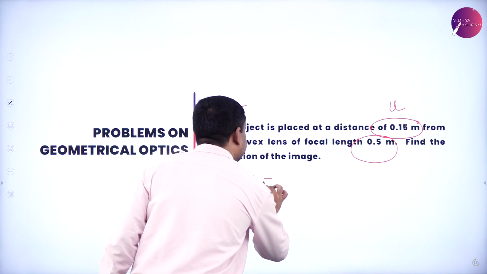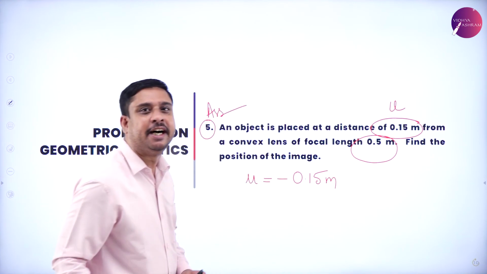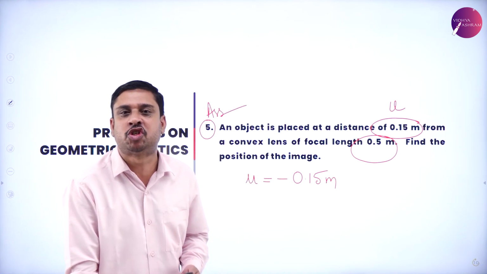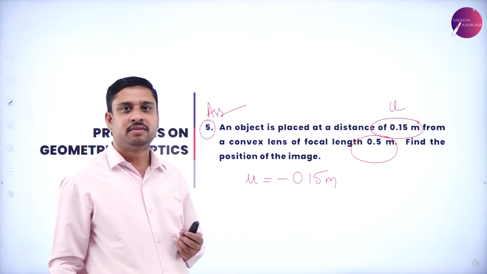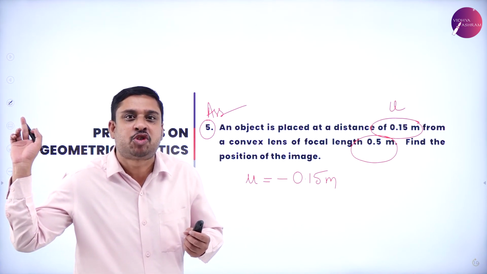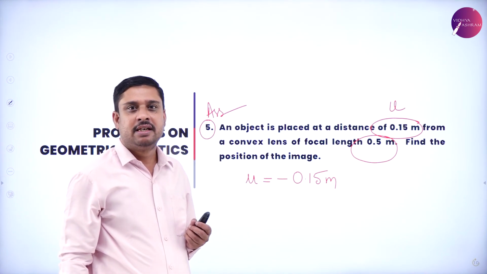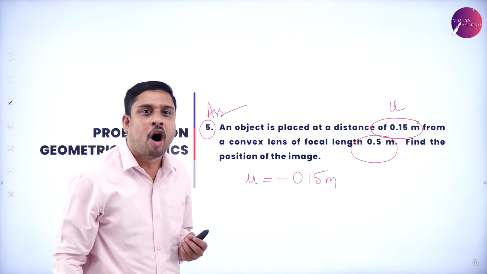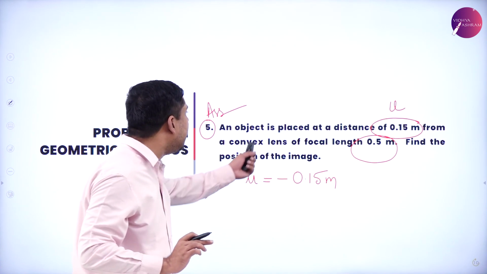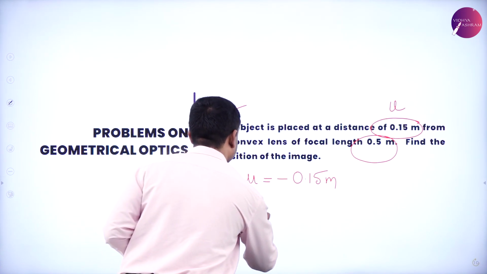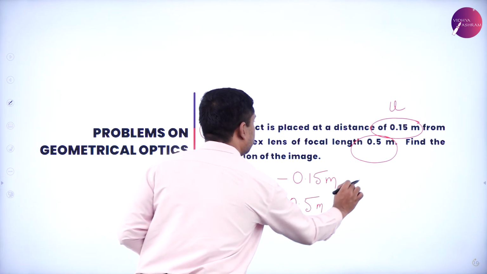U, by sign convention, is minus 0.15 meter. You need to know the sign conventions. All distances are measured from the pole, and distances measured in the direction of light are positive. Distances measured opposite to the direction of light are negative. The focal length of the convex lens is 0.5 meters.